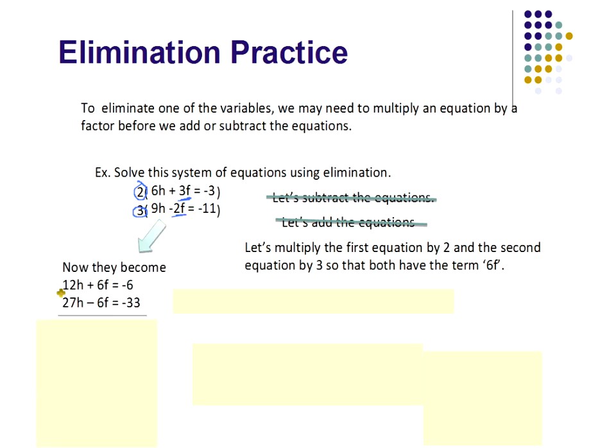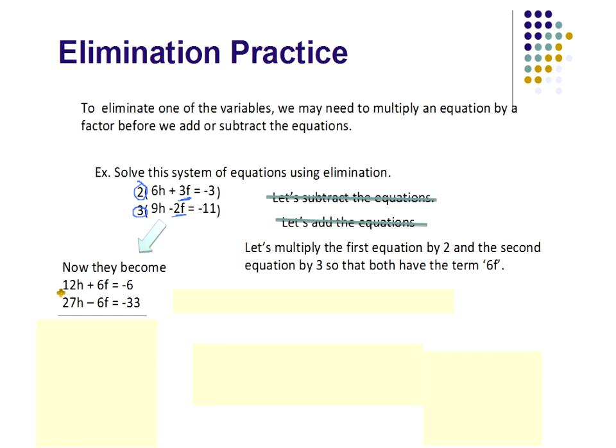Please make sure to double and triple everything in the equation. It's like doubling a recipe. You don't just say, oh, I'm going to double the amount of eggs and not the amount of sugar. That tastes terrible. You need to double everything. So these equations now become 12h plus 6f equals negative 6, and 27h minus 6f equals negative 33.